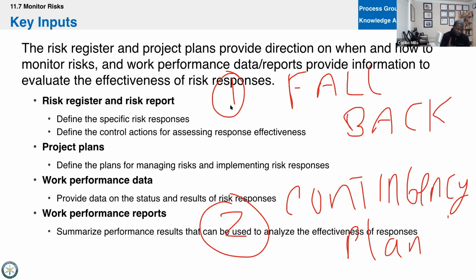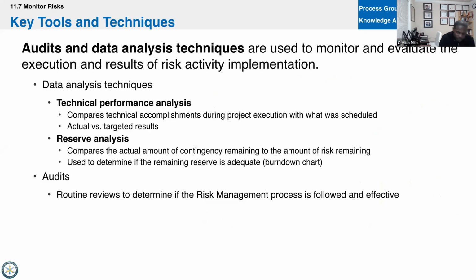Okay. Got two more for you. After we implement a risk response, we are going to get a spin-off risk. All right. So there's going to be something called residual risk. There's a little bit of risk that remains.